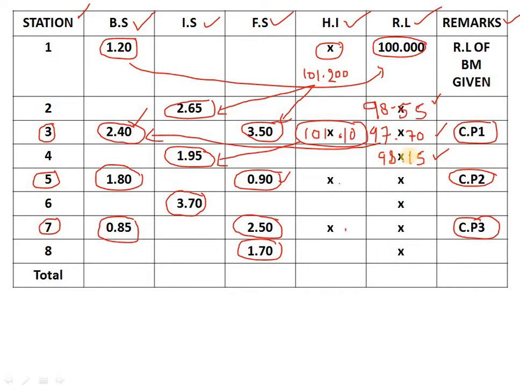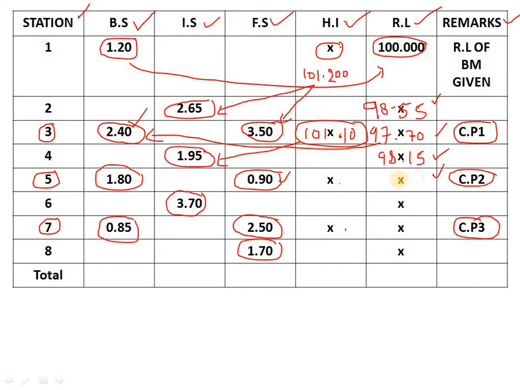In this way we have to calculate the other respective RLs and heights of the instrument also. Now the next one is the RL of station 5. After calculation of RLs only, we go for the height of the instrument at the same station. Without getting the RL, we cannot calculate the height of the instrument.